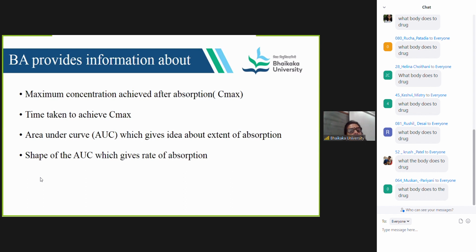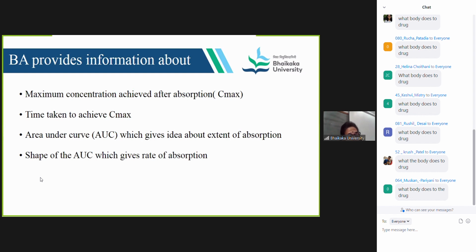So the maximum concentration achieved after absorption can be provided by bioavailability. The other information we can procure from bioavailability is the time taken. How much time is required to achieve the maximum concentration? That we can also understand by bioavailability calculation.